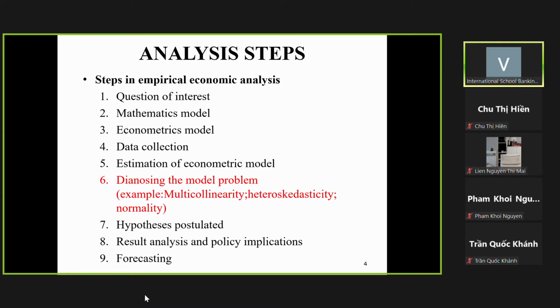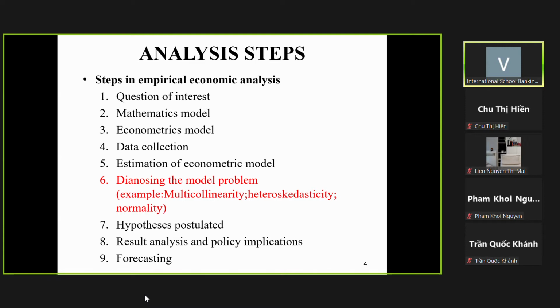Okay. So here, this slide shows you the steps you need to carry out in the case you want to apply an econometrics model for analysis. And this slide is very important. So if anybody here already printed out the lectures, you should highlight this slide, because we will come back to this slide many times during the course.